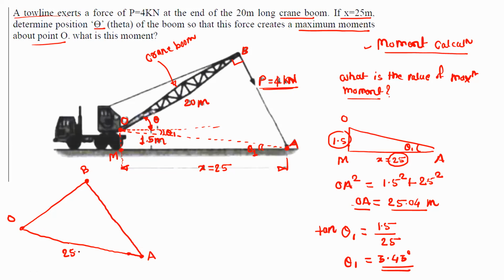So this is 25.04. This angle is known, that is equal to 90 degree. OB distance is given, that is equal to 20 meter. This total angle is equal to theta plus this theta 1. So let us take this total angle as alpha. Okay.